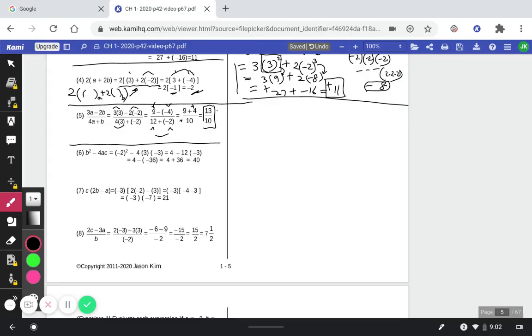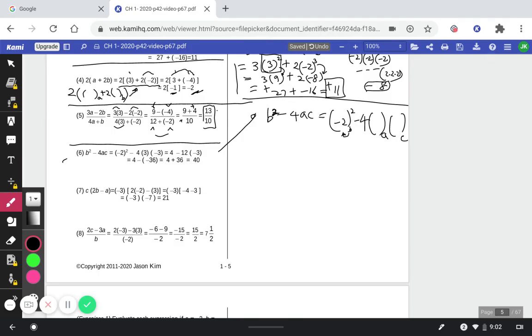Now, next one is number 6. b squared minus 4ac. So the first thing you do is replace each letter with a parentheses, and make sure you know which number goes in each one of the parentheses. b is negative 2.